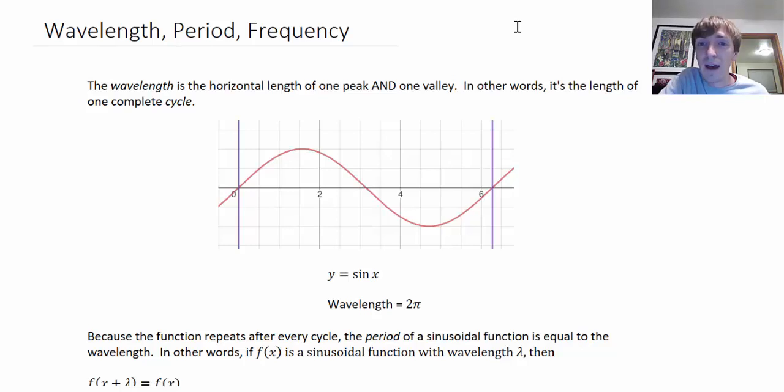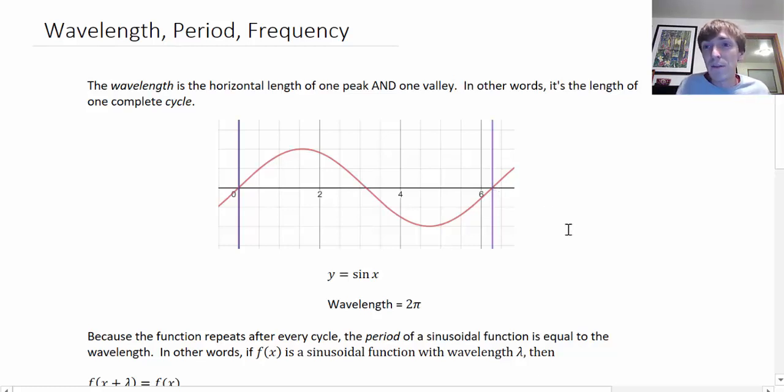So we call that full length a cycle, and the length of a cycle is the wavelength. Okay, so for a standard y equals sine x, unsurprisingly, that's 2 pi, right? 2 pi is how long it takes to go up and then down and then back to where you started.